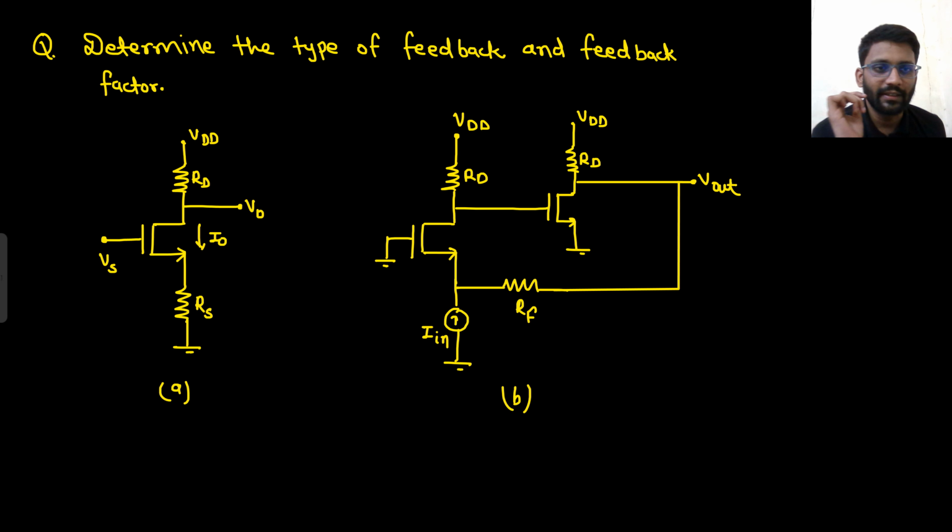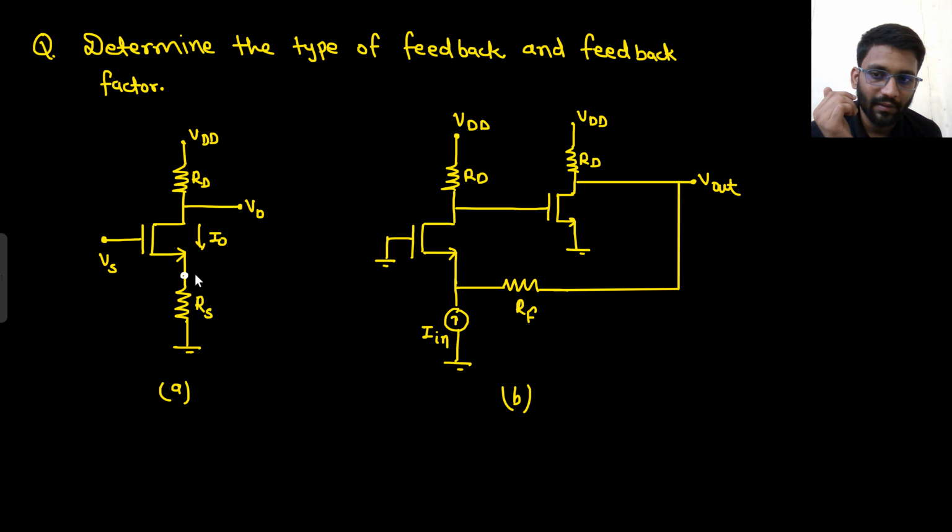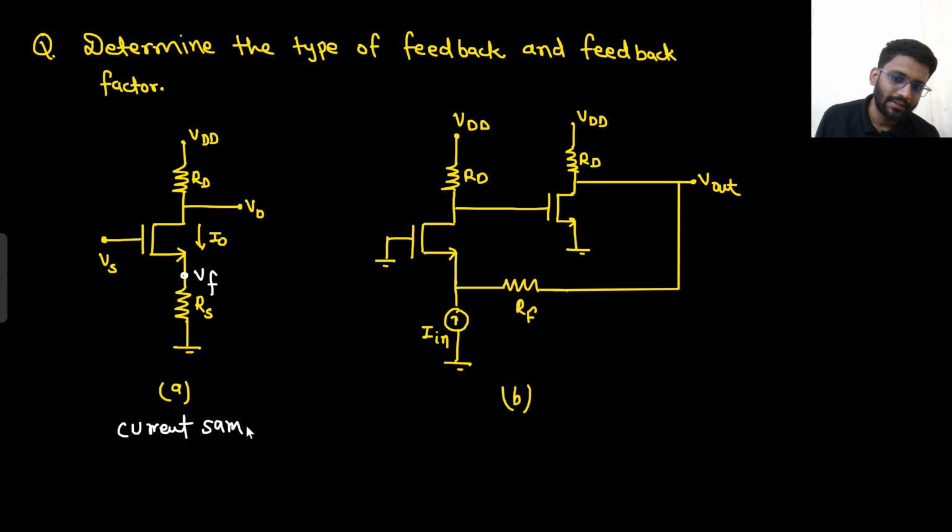So where is the feedback in this circuit? This is the feedback which is being subtracted from the input. This is the feedback VF. So the output current is coming, so current is being sampled. Now this current makes a feedback voltage, and that is being mixed with the input.